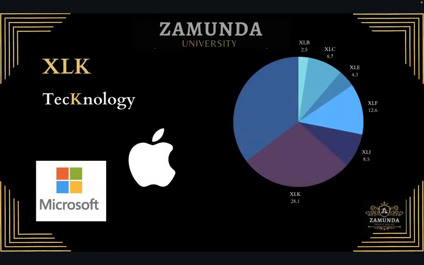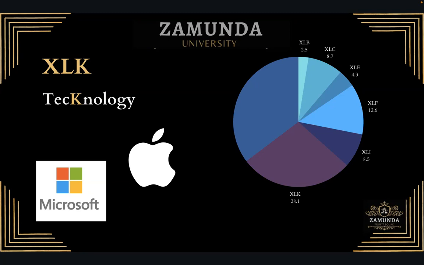Next, we have XLK. Now, XLK is the largest sector in the S&P. This is significant because a lot of the S&P is heavily weighted on XLK. So you can get a good grasp of the market just by following what XLK is doing.